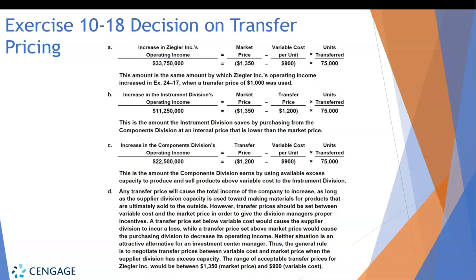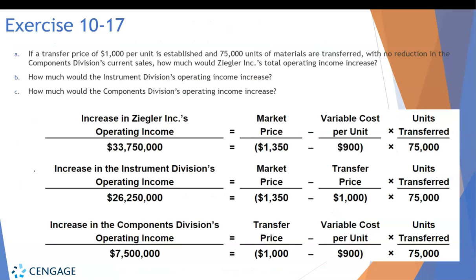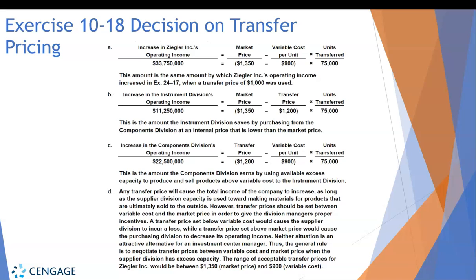A transfer price that's set below variable cost is going to incur a loss, where a transfer price set above market price is going to cause the purchasing division to ultimately decrease its operating income because they could get it somewhere else. So as you see in this scenario, the operating income of $33,750,000 is going to be the same, but basically within the departments the numbers are going to change.